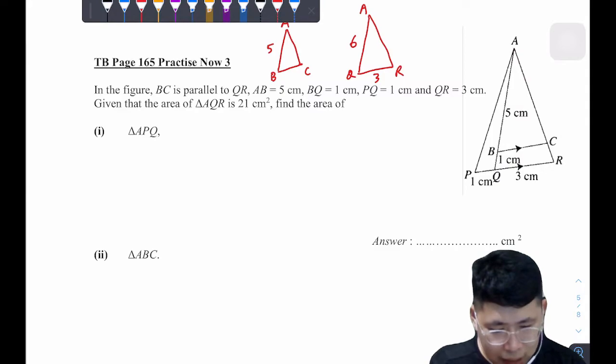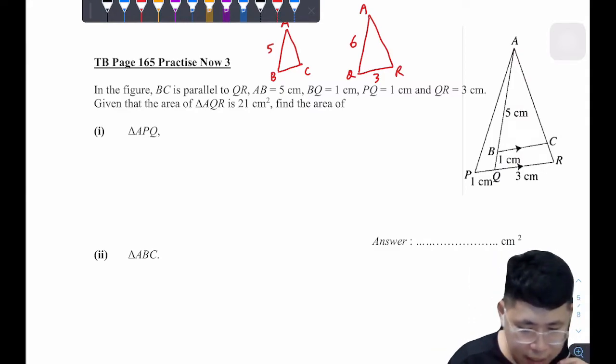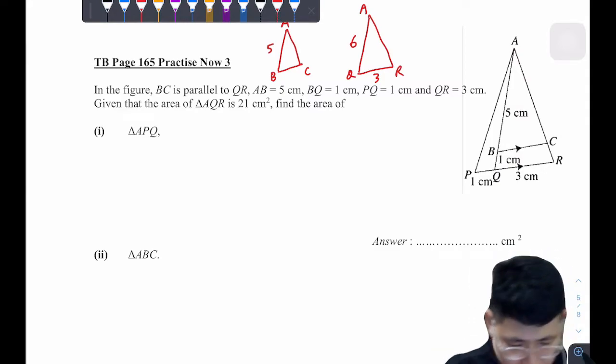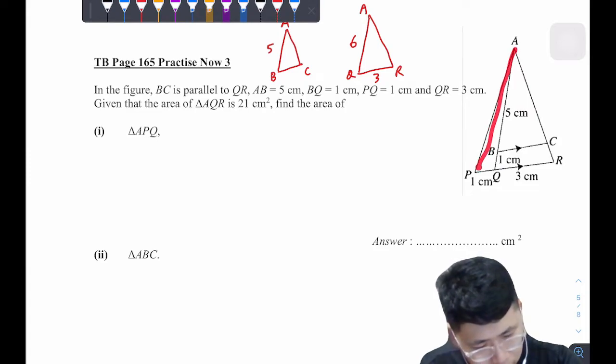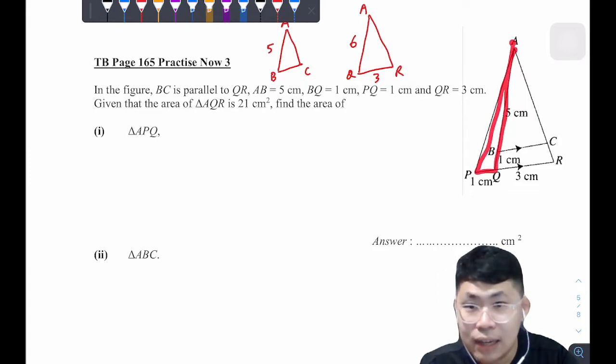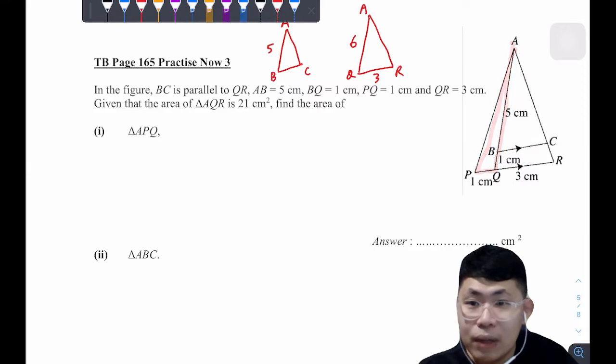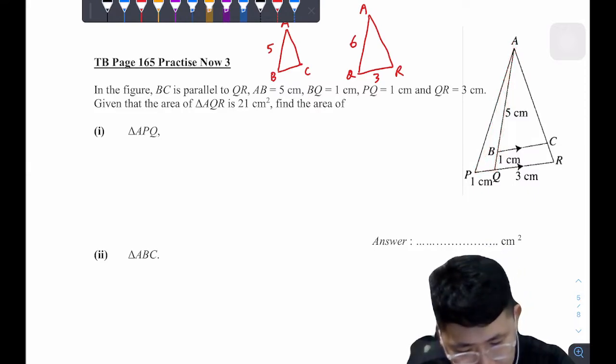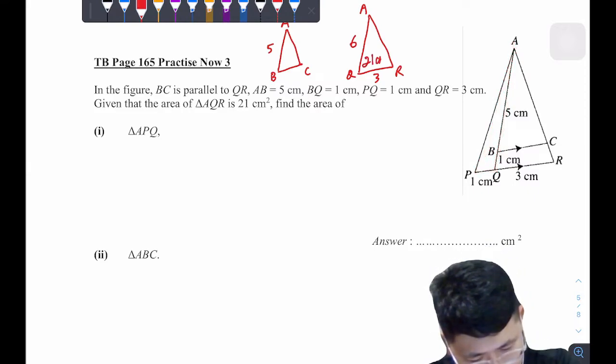So let's be a bit focused and let's try to find the area of APQ. Oh wait, one more. Area of AQR is 21, so over here I have 21 cm square.